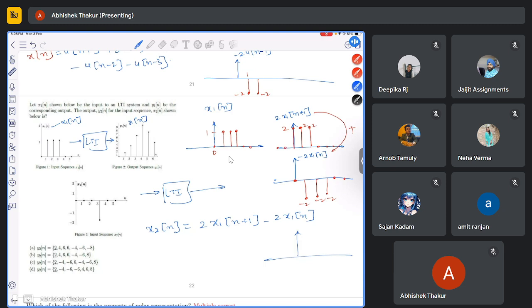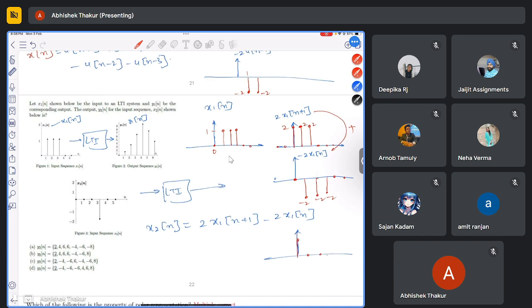First, we have n plus 1, shifted leftwards, and then this. When we add this, this will become 2, this will become 0, 0, and this will become minus 2.